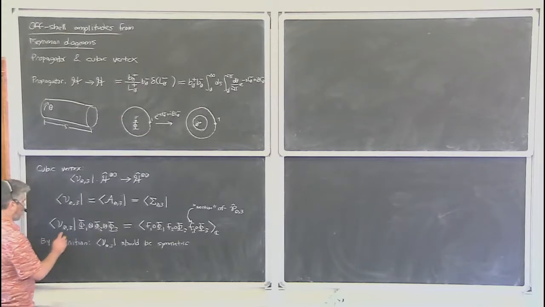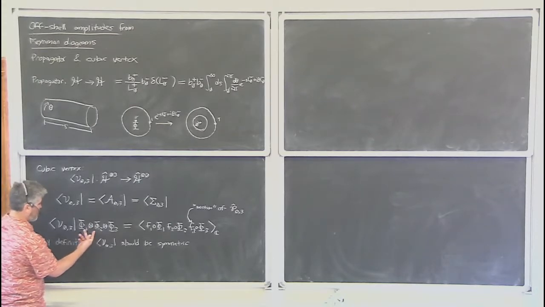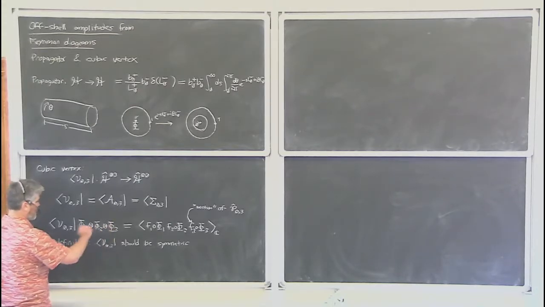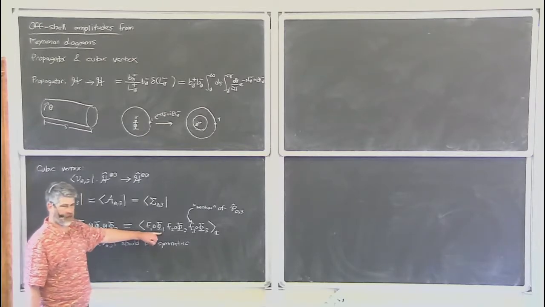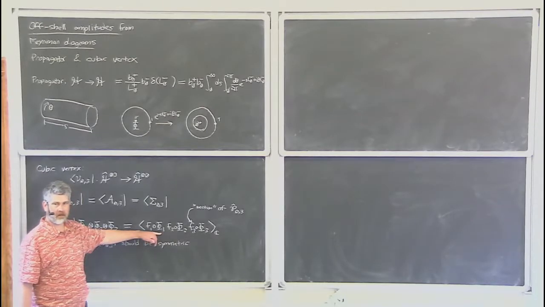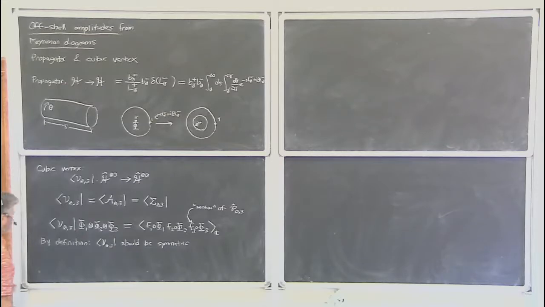So that means that this vertex acting on phi 1, phi 2, phi 3 should be equal to, we can switch the order of phi 2 and phi 1, or any of these permutations, and we should get the same object. But this will not follow automatically from the expression that I wrote, so this is a condition which is effectively a definition.